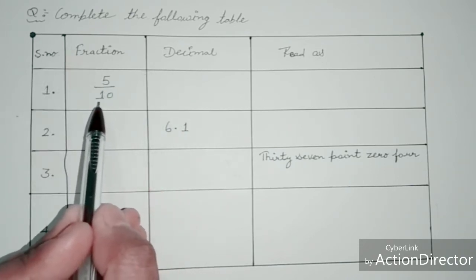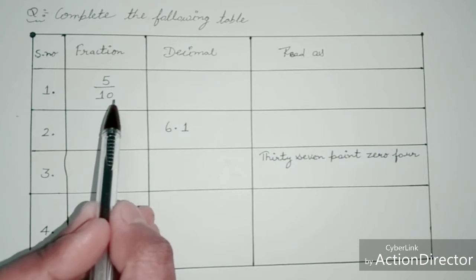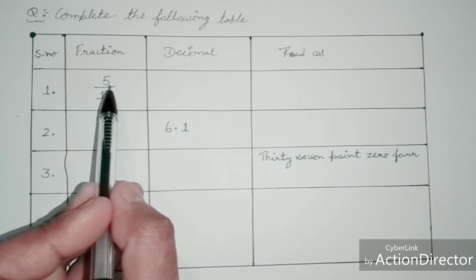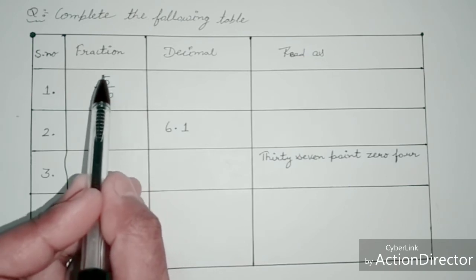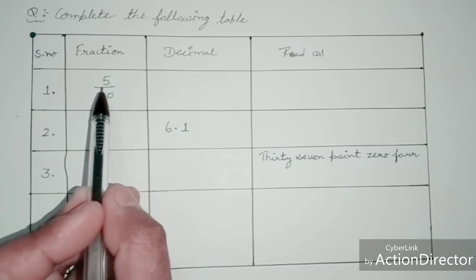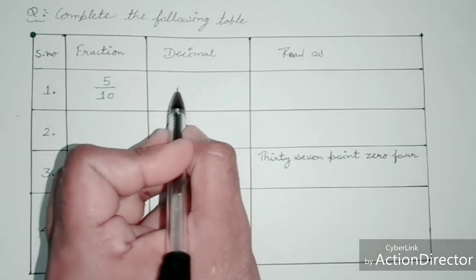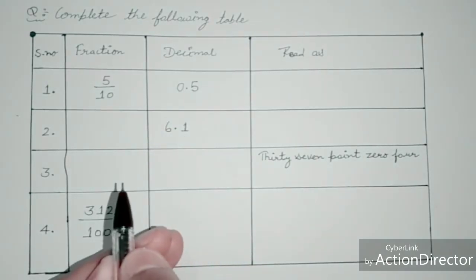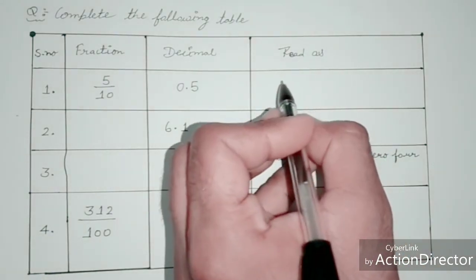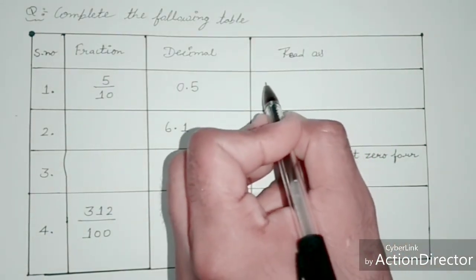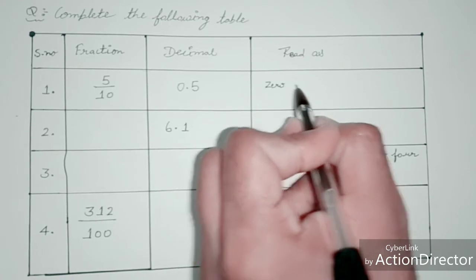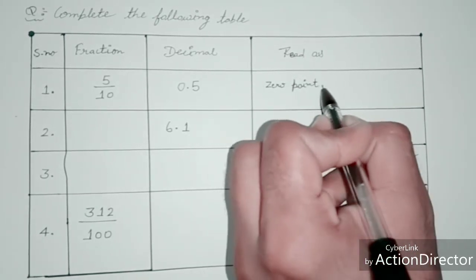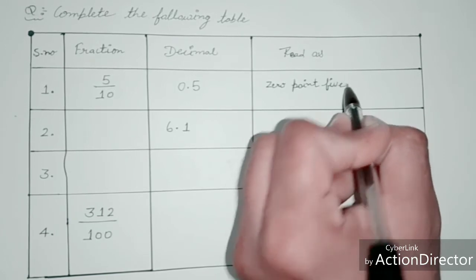Because in the denominator this number has only a single zero, we put the decimal point before one digit, so we write 0.5 in decimal, and we read this number as zero point five.